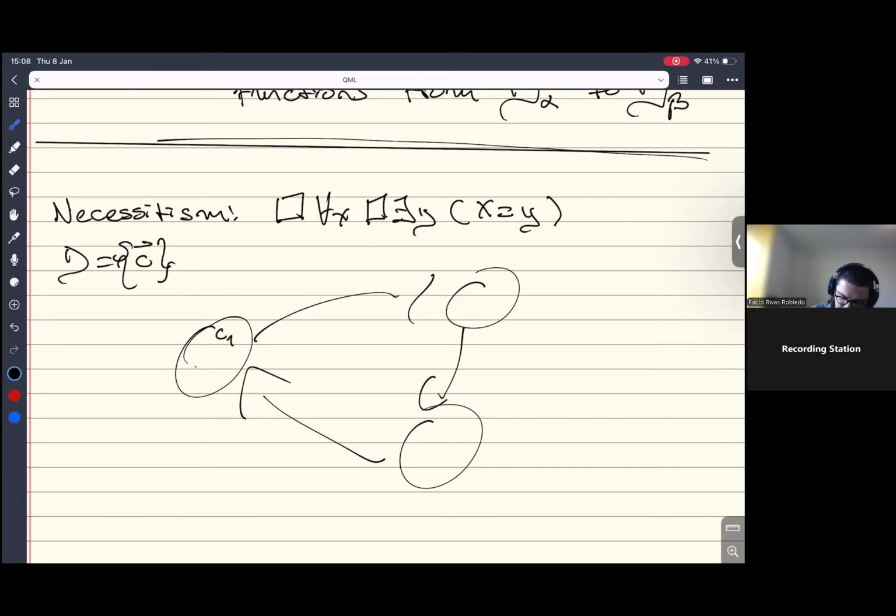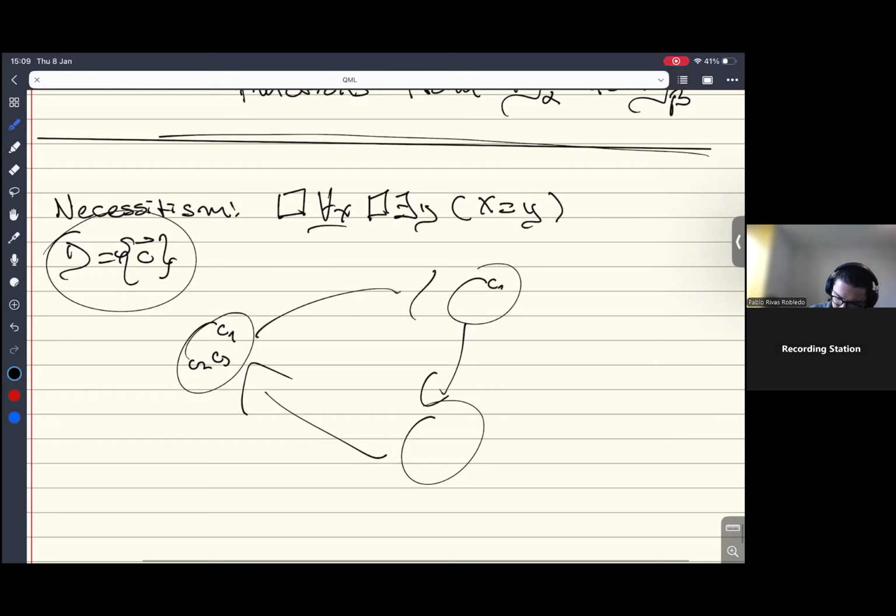So we're going to have C1, C2, and C3. But the idea of this is that we say that necessarily for all x, and then we say, okay, everything here, that means nothing is left outside. There is something in every possible world such that that thing is the first thing, it's the second thing. This basically means that you're going to find those same objects all around the domain.